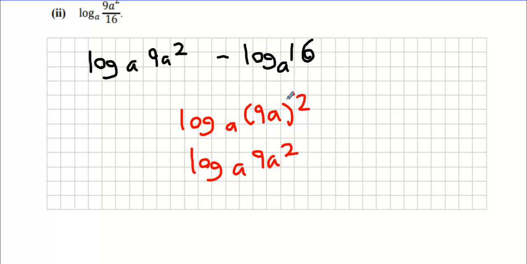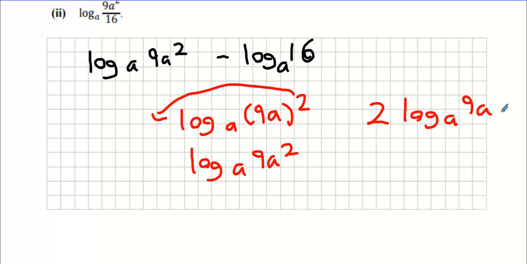In the top one, the 2 can be brought to the front, and it can be written as 2 log a 9a, can't it? And the one on the bottom, can it? Why? It's the 9 that's not being squared. However, we could rewrite it like this, could we?